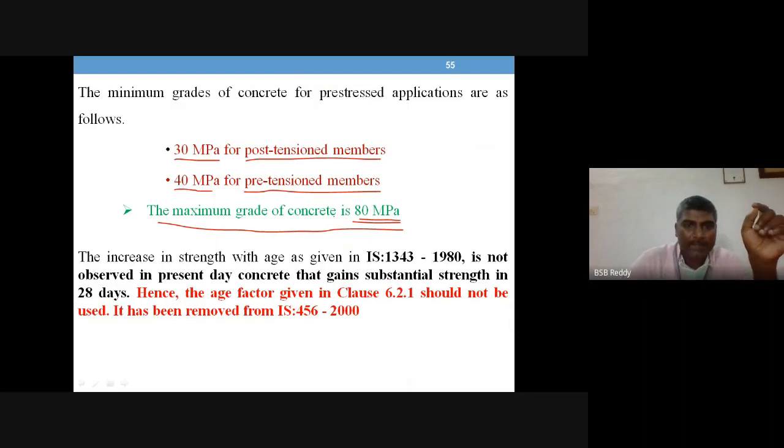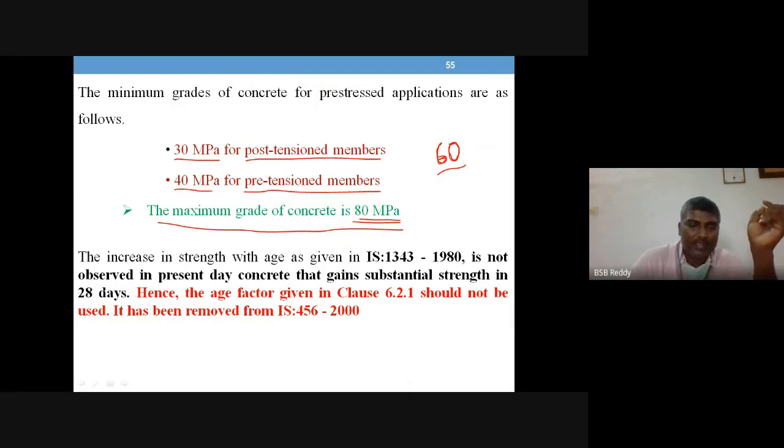And anything beyond M60, wherever the data is not available, as the code says, you shall refer to literature or do your own experimental work and take those values.